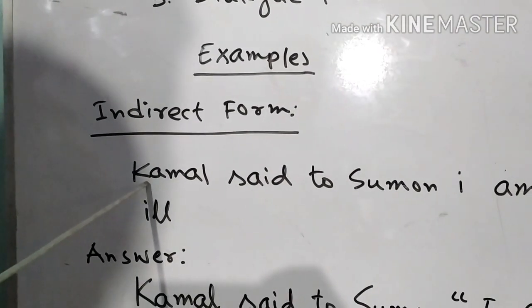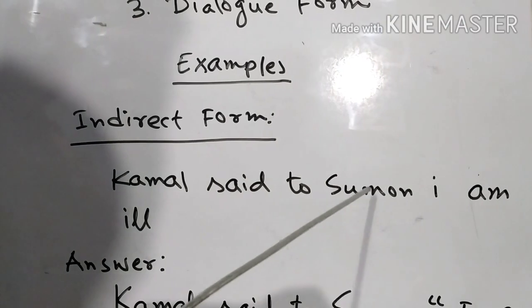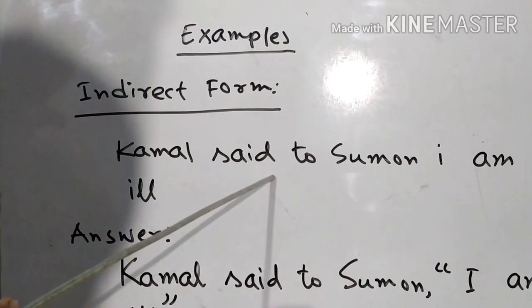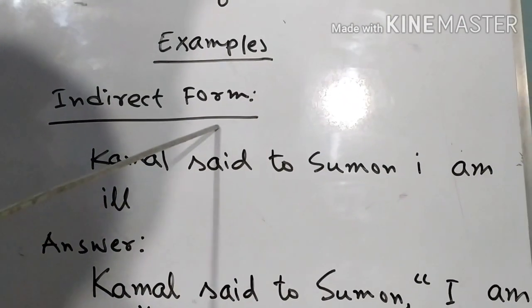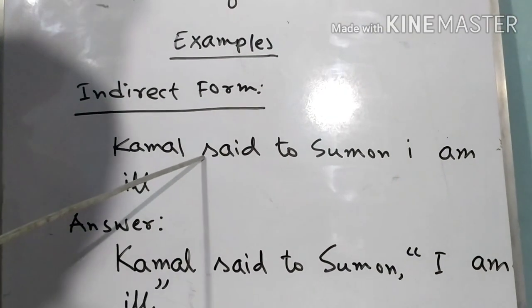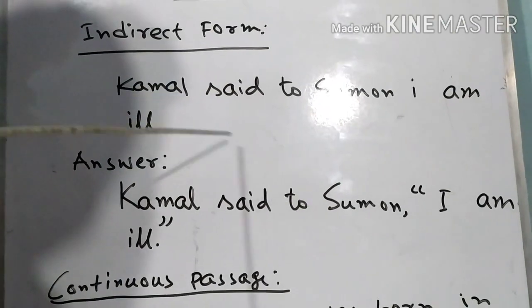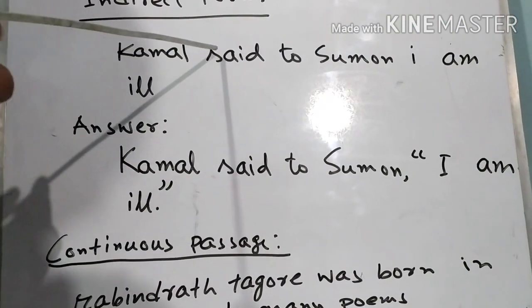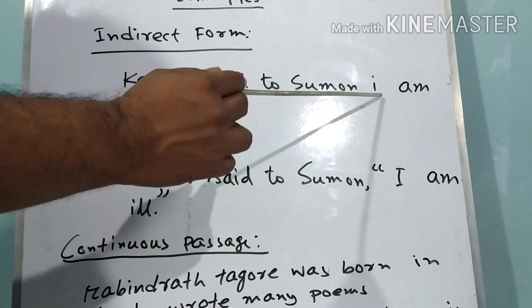Here is an example for you. Kamal said to Shumon, I am ill. Students, here you see said. This is a reporting verb. So we have to use inverted comma here. And also you see there will be used some capital letters.